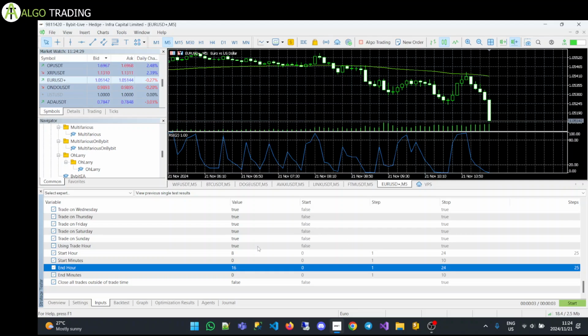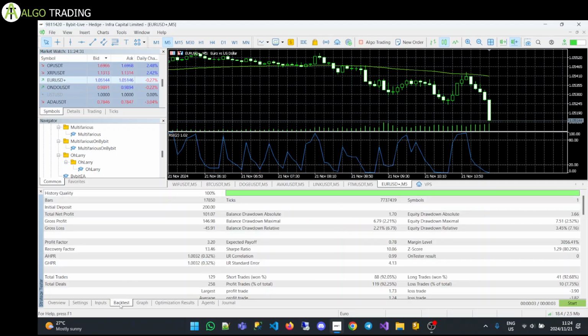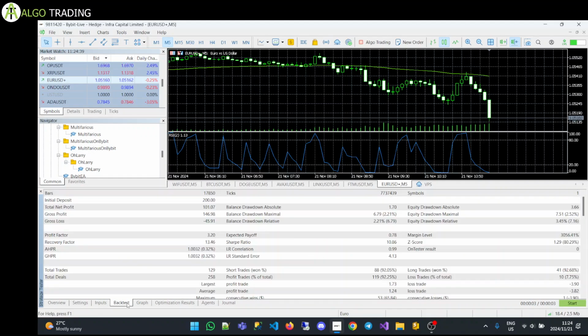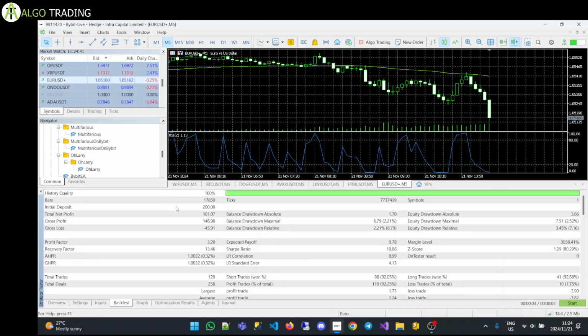Alright, so that is the first strategy. The next strategy, and let me just show you a back test for that strategy. So I've already run the back test. You could see, pretty decent graph. The back test is, so we have an initial deposit of $200, and I'm back testing over a 3-month period, by the way, from 2024-08-27 till today.